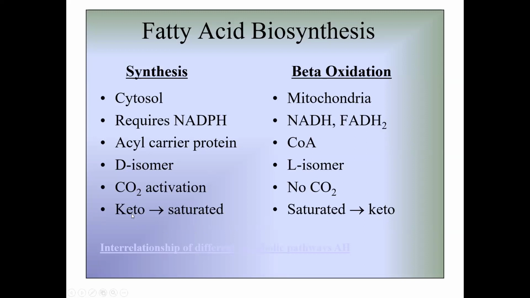You know it very well. For this reason, this position is keto to saturated. But in beta oxidation, this saturated position will be converted into keto. You know it very well. In the second step of beta oxidation, beta hydroxy, then beta keto fatty acyl coenzyme A is produced. And for this, saturated is converted into keto group.